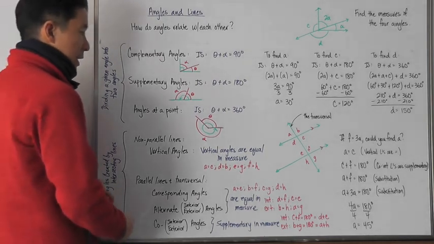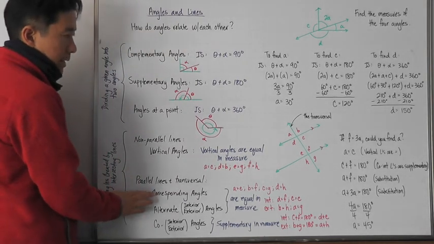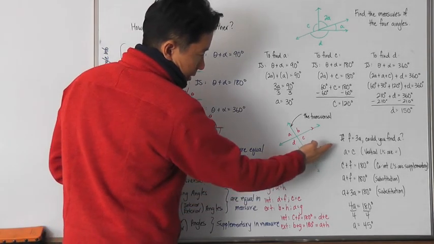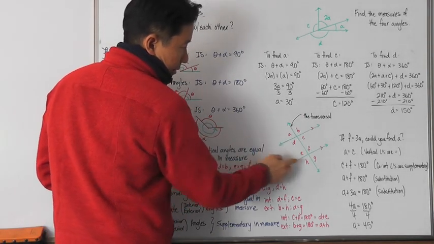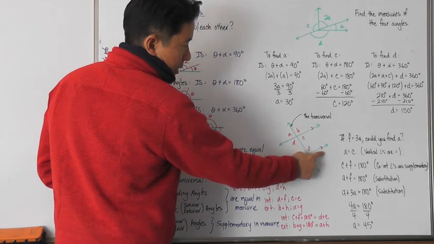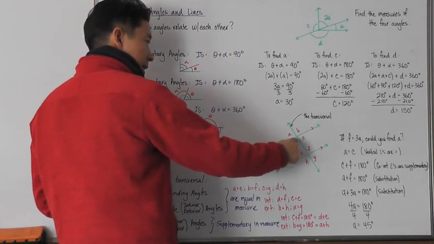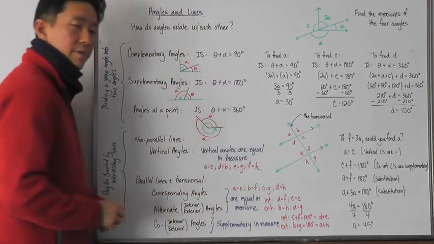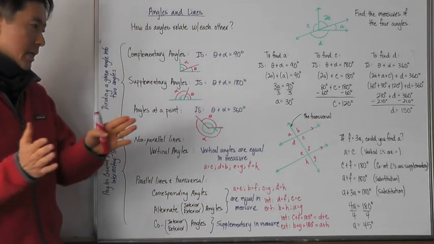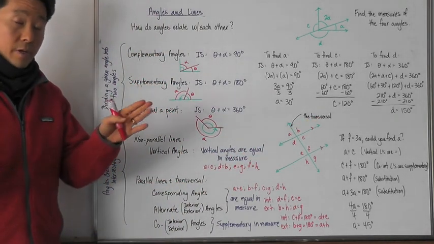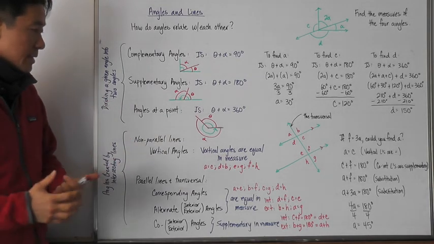Now, if we talk about parallel lines, I'm going to introduce another line here, which is parallel to this line here, and notice I'm using the notation to show that it's parallel. Then I'm going to say that this line here is going to be called a transversal, because it is cutting pairs of parallel lines, or more than one pair of parallel lines.